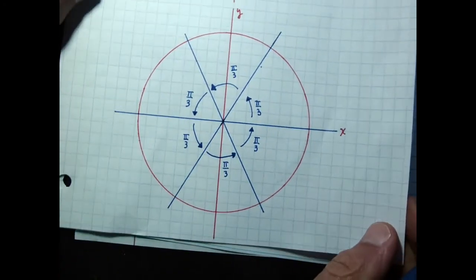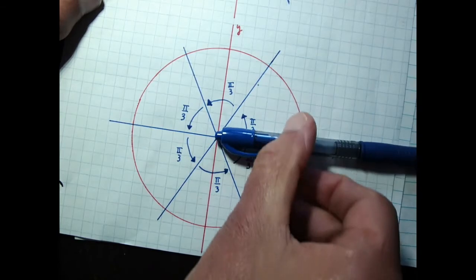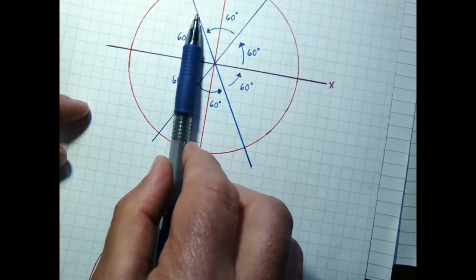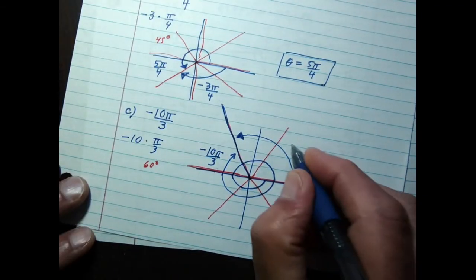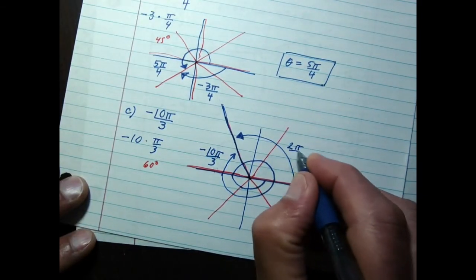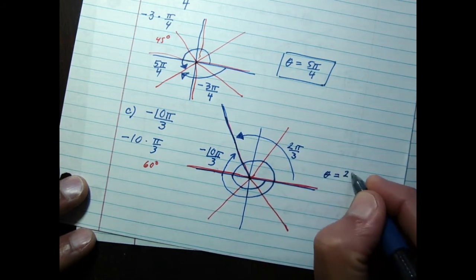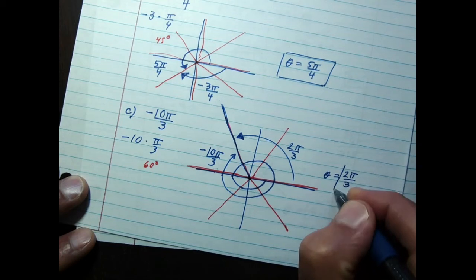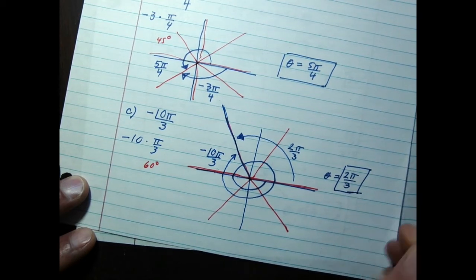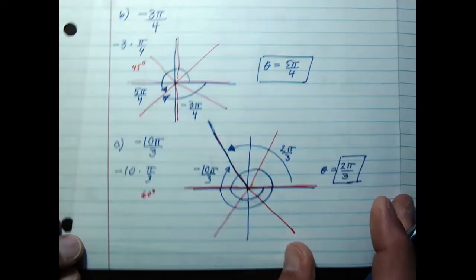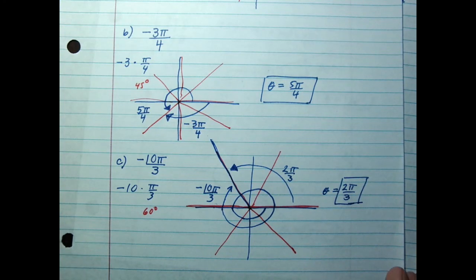Again, from the well-drawn picture, it's not too hard to see. That's just going to be positive 2 pi over 3. It's the same as 120 degrees. 2 pi over 3. That's the coterminal angle we're looking for in part C.